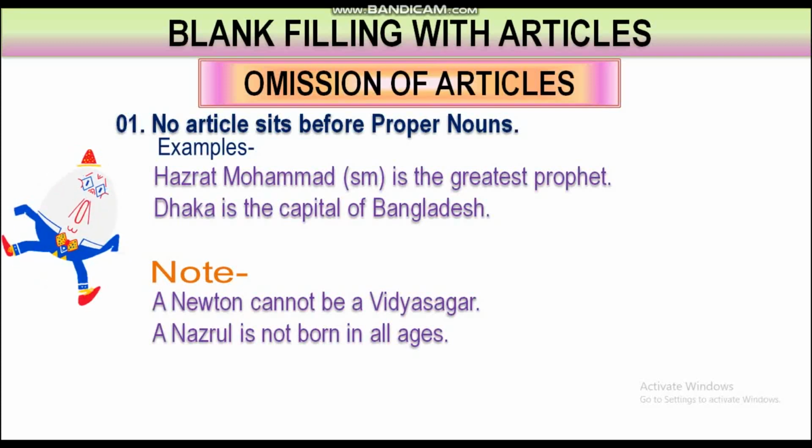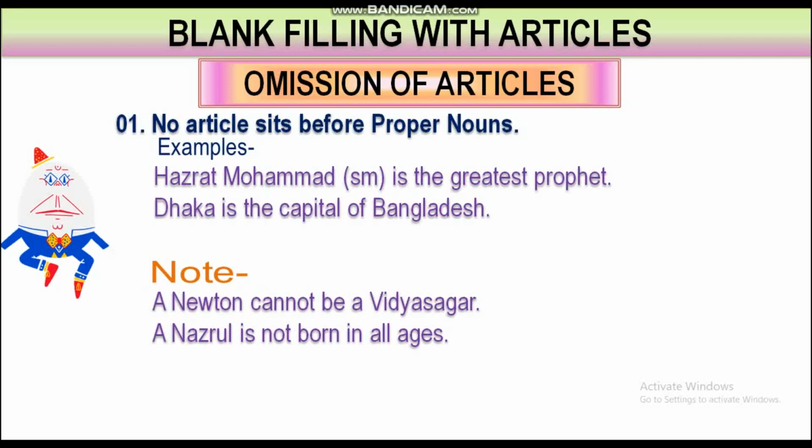A Nazrul is not born in all ages. Here in the first sentence, Newton and Vidyasagar are used as common nouns because Newton indicates the common name to the persons of the same class belonging to the scientists, and Vidyasagar to the writers. Similarly, Nazrul in the second sentence to the poets, and that's why article a is used before them.